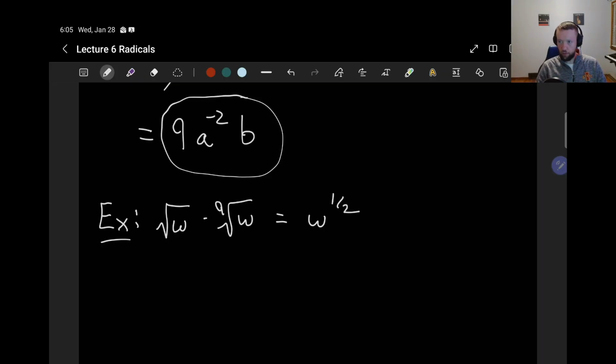So reframe the square root as w to the 1/2 times w to the 1/9. And now I can use exponent rules now that I've done this. This is where you add the powers.